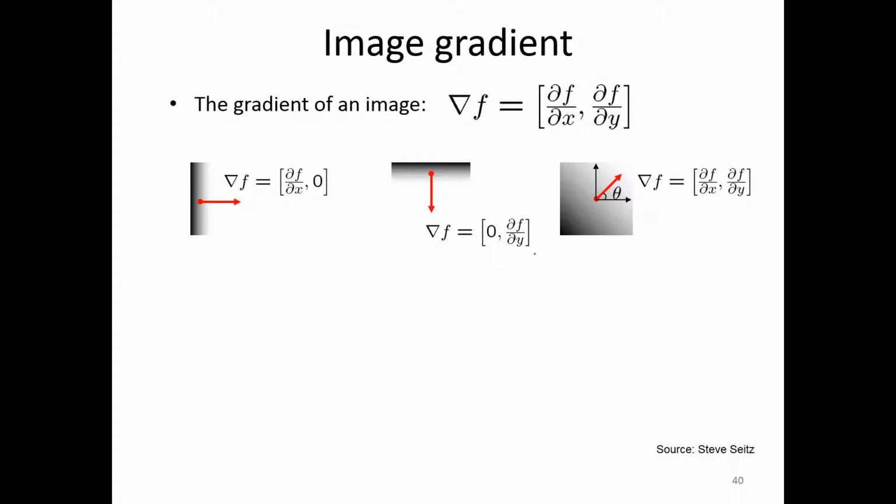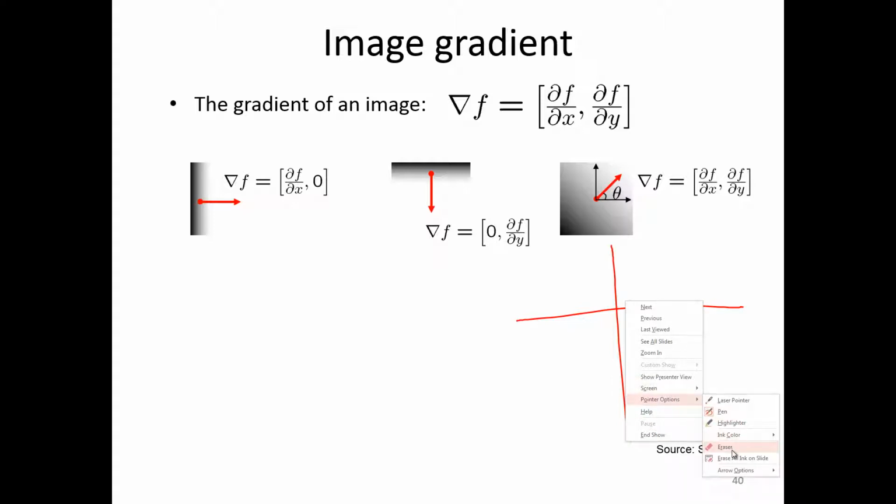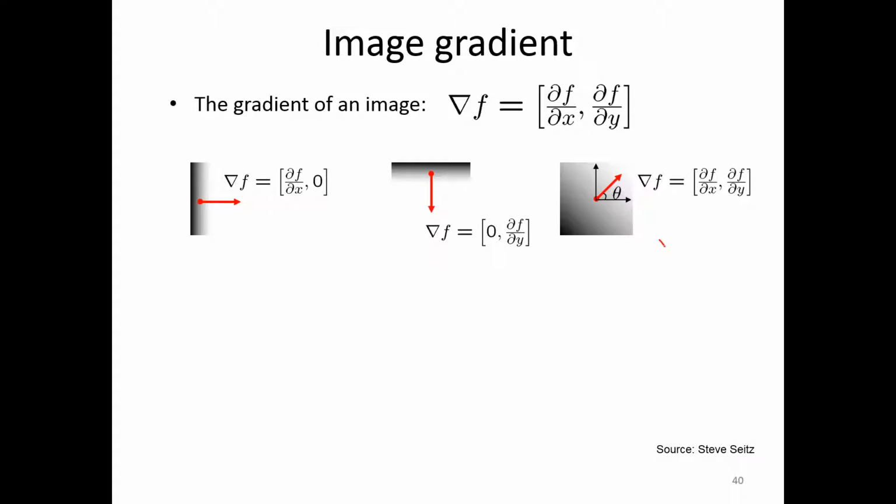If your edge ends up being diagonal, then if you have this horizontal or vertical gradient filter, you detect it a bit, but with a smaller magnitude. Your filter result will not be as big as when the edge is horizontal or vertical.